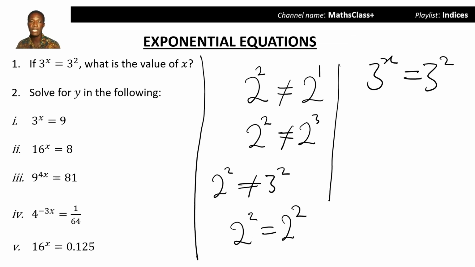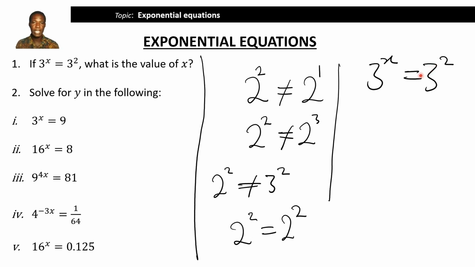So what I'm saying is that if the equation given tells us that they are equal, then we don't have to bother to know x before we say it is true or false. They said it is. What it means is that if the bases are the same, then the exponent will surely be the same.